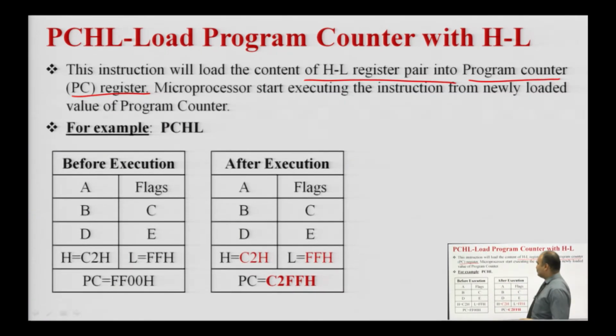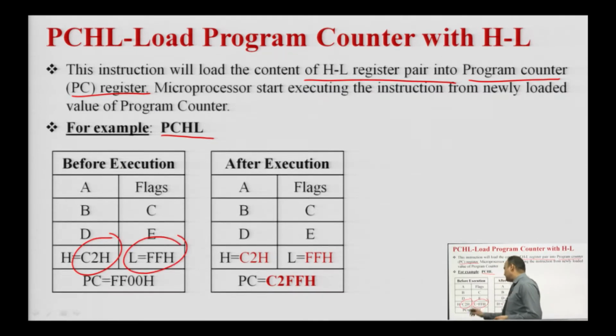So, before the execution of instruction PCHL, let the content of the H register be C2H and the L register have FFH, and the program counter have the value FF00H. This is the case before the execution of the PCHL instruction. After the execution of this instruction, the content of the HL register is loaded into the program counter.